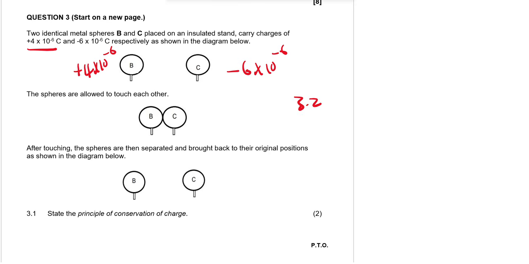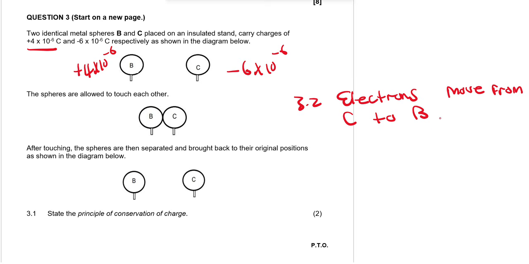3.2. Electrons, okay? Electrons move from C to what? To B. Why? Because this is negative, this is positive. Do you know electrons move from negative to positive, right?